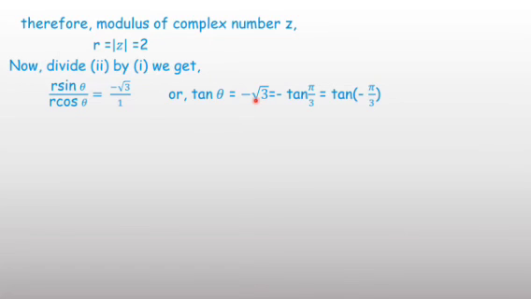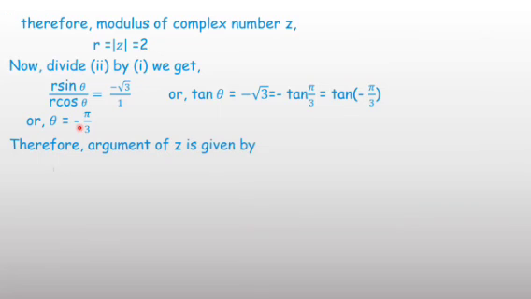So tan theta equal to minus root 3, and root 3 is the value of tan pi by 3 or tan 60. And tan is negative in the fourth quadrant, therefore tan of minus theta equal to minus tan theta, means we can write this as tan of minus pi by 3. Therefore theta equal to minus pi by 3. And theta means argument of the complex number. Therefore theta equal to argument of z equal to minus pi by 3.